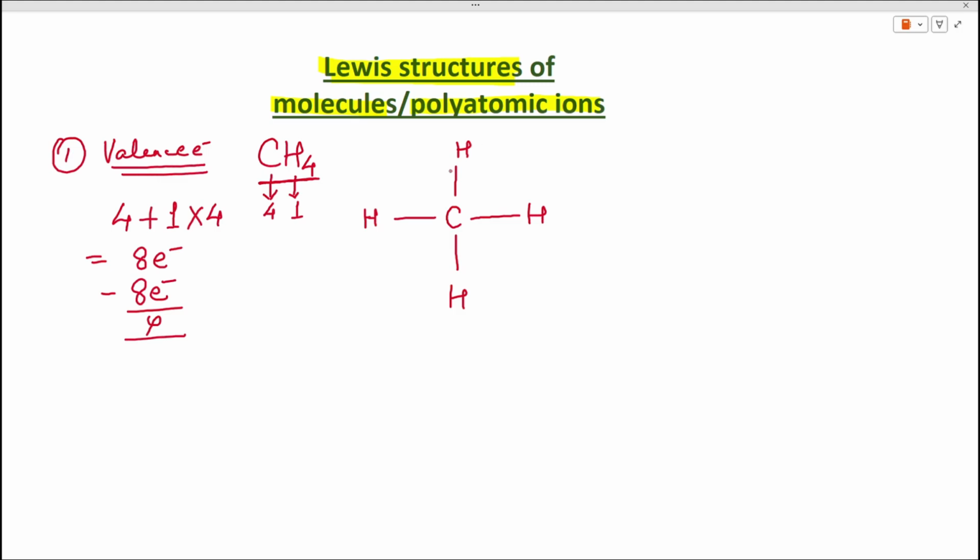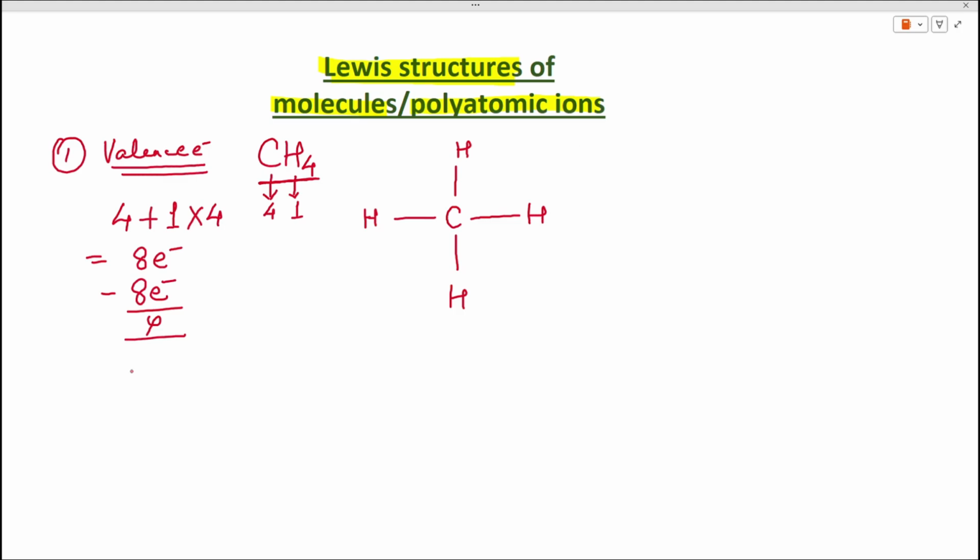This hydrogen also has 2 electrons. So all the hydrogens are satisfied and stable, and carbon has 1, 2, 3, 4, 5, 6, 7, 8 electrons. So this structure is the Lewis structure of methane, which is CH4.